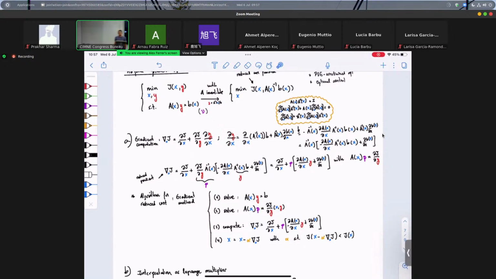Questions? Where can I see some examples about computational mechanics, some benchmark examples about optimization in computational mechanics? Yes, there is a book. Look for non-smooth mechanics, convex optimization.